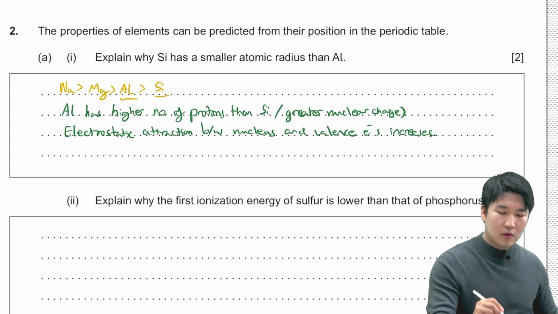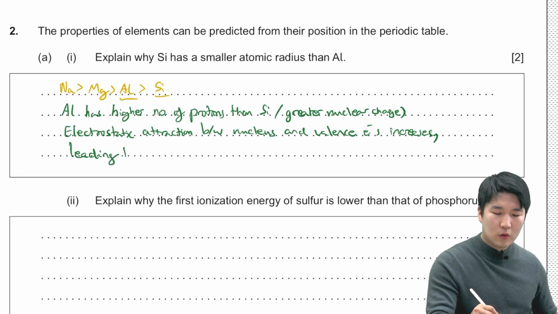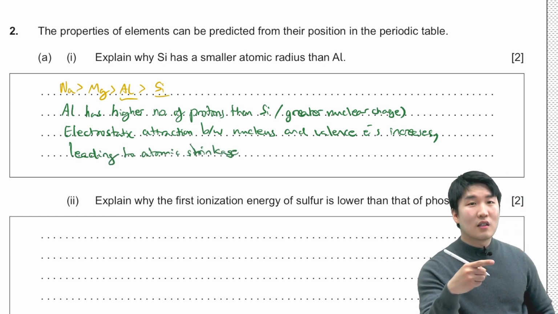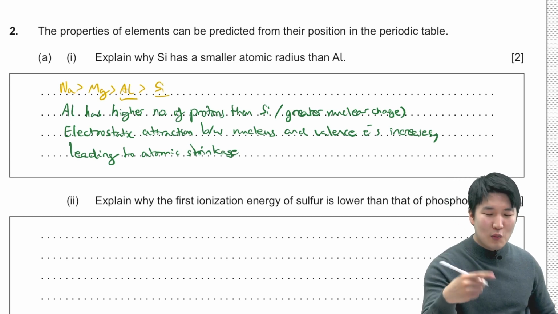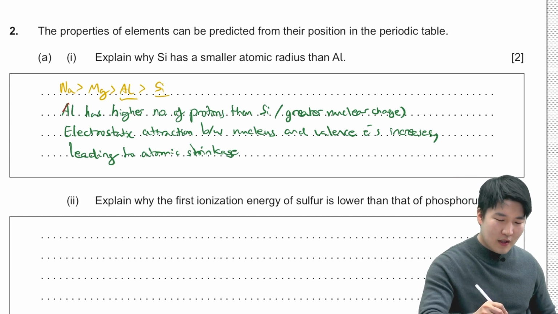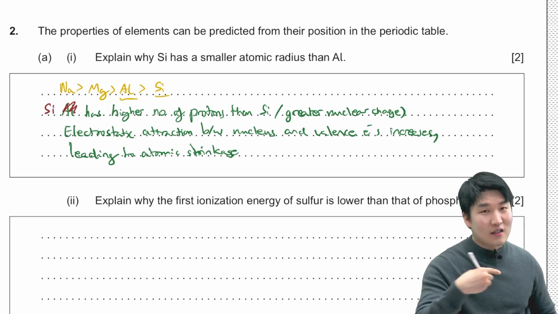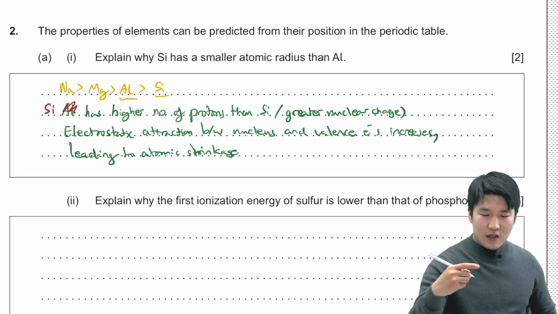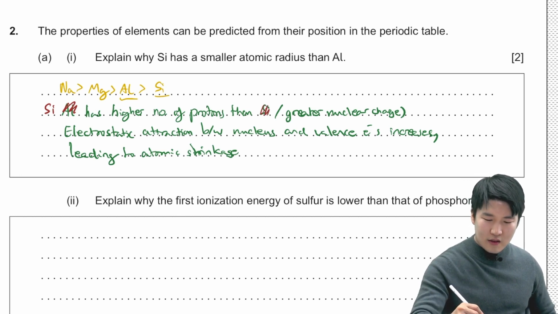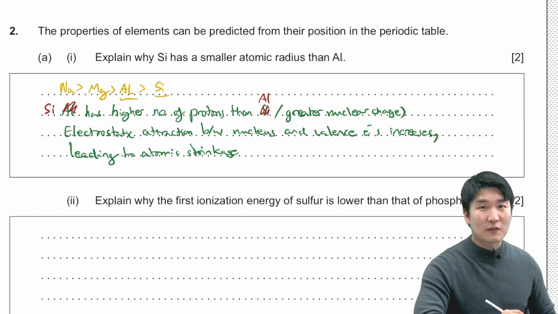As a result, or leading to, so I got the subject of our question wrong. Aluminium does not have higher number. It's the silicon that has higher number. Silicon has higher number of protons than aluminium. Don't know why I wrote that.